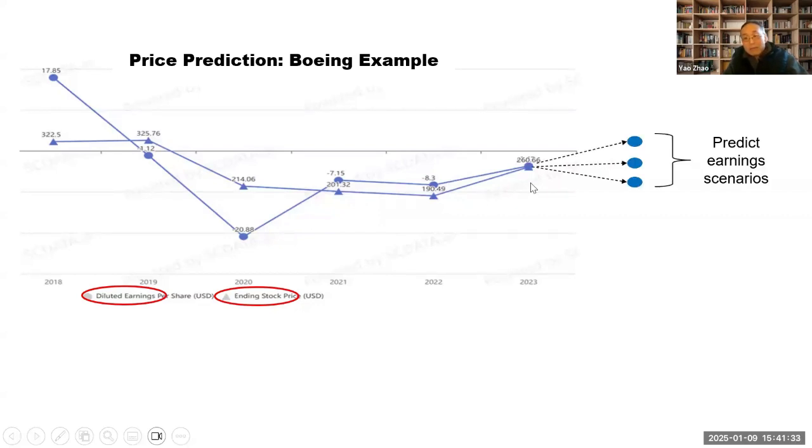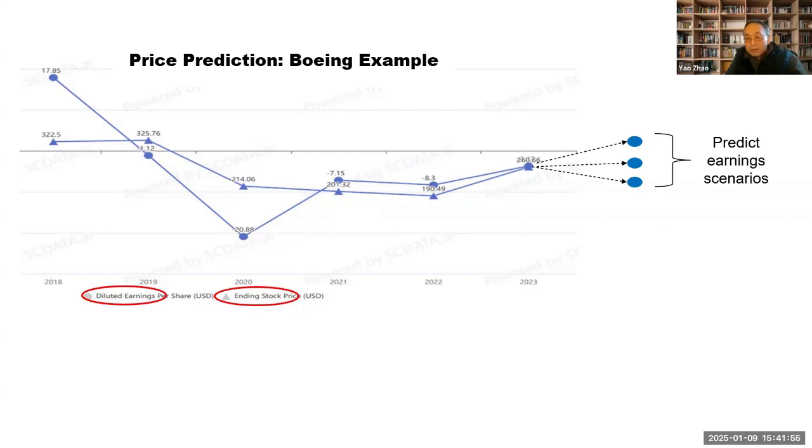Then you can use our knowledge in supply chain operations and the demand market to predict different earning scenarios, which is easier than predicting stock price because there's no human factor involved. There's no speculation, no panicking or greediness involved, right?